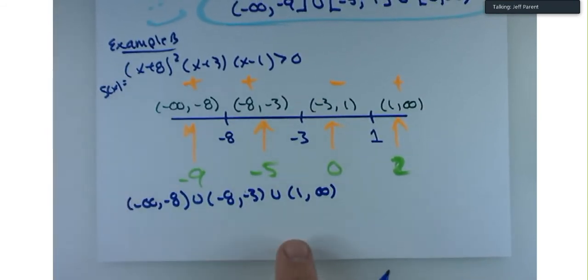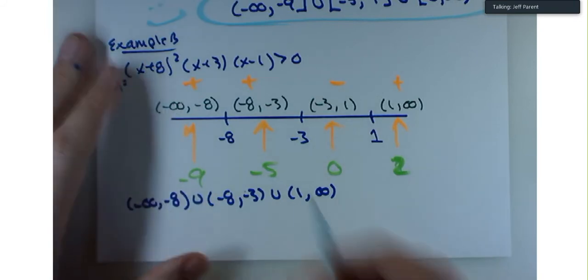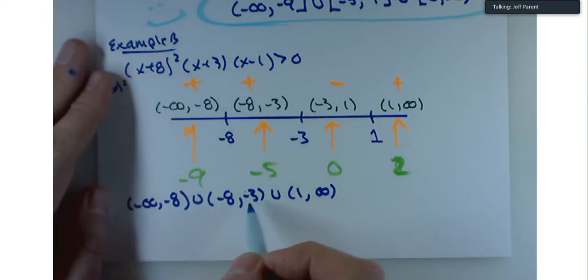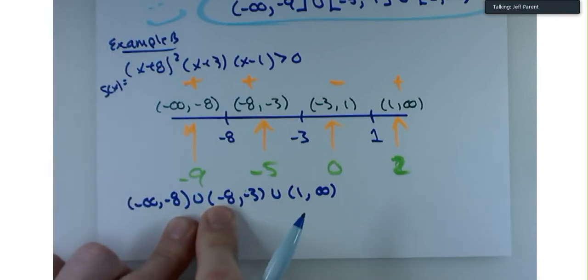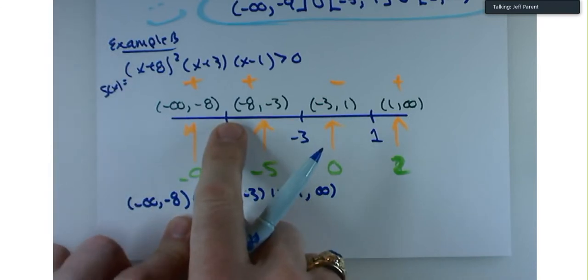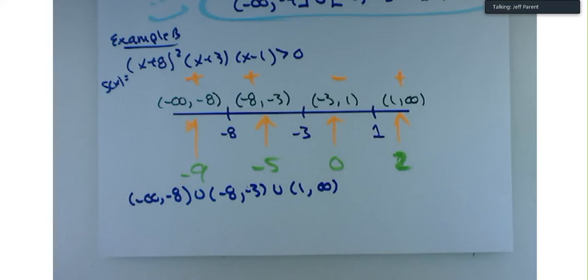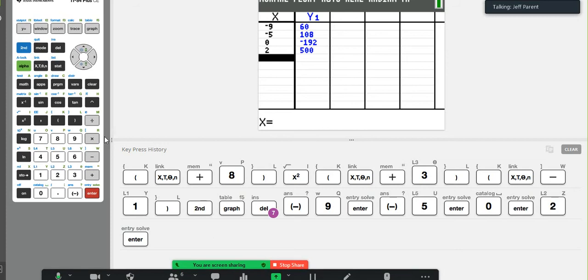Yes? I always wonder, is there a reason you can't just go from -infinity to -3? Or is that illegal? It's a great question. So why can't I just go from -infinity to -3? Because that would be including the -8. But let's see what happens at -8. In fact, let's put it in. -8 is an endpoint for us. Let's put in -8, and I get 0.